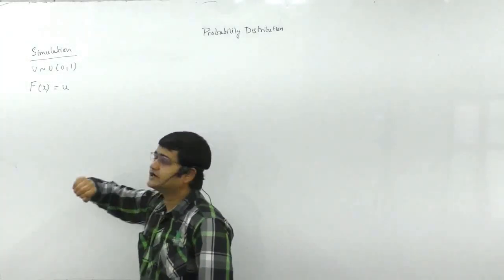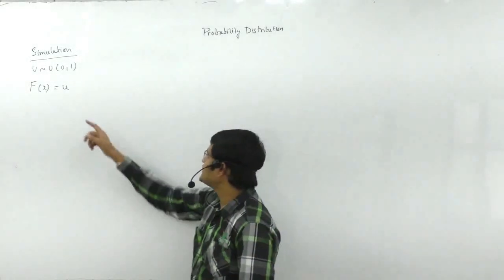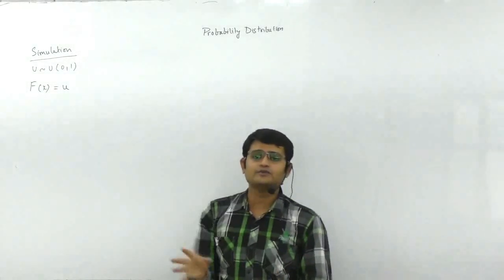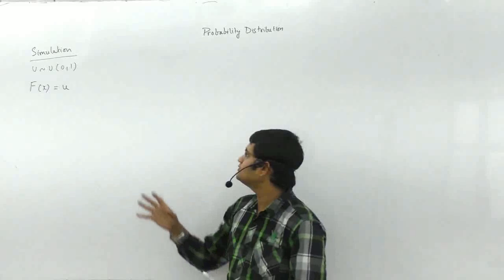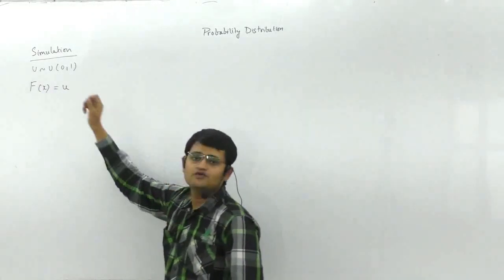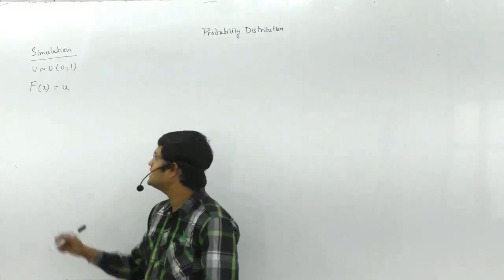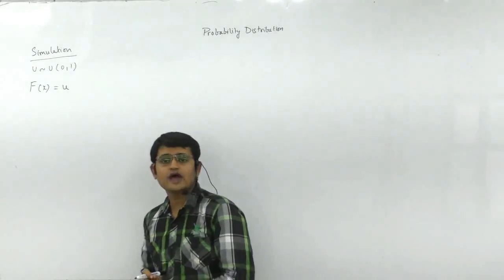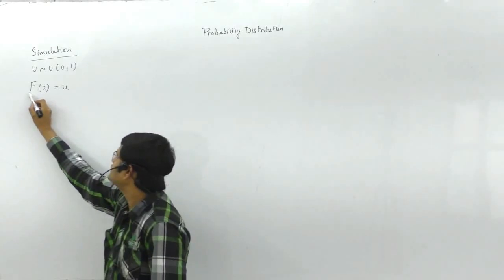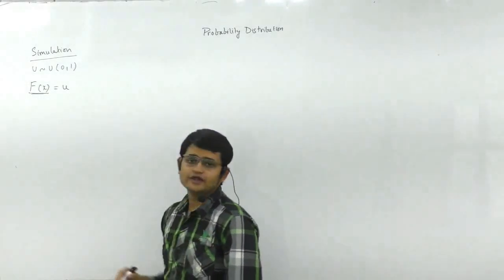Why can we not relate it to u? Because those values have different ranges. Whenever we take capital Fx, that is cumulative probability, it will always have a value between 0 and 1. Therefore we equate our capital Fx with u, because capital Fx will always have a value between 0 and 1, as well as u will also always have a value between 0 and 1. That is why we always equate capital Fx with our value u.